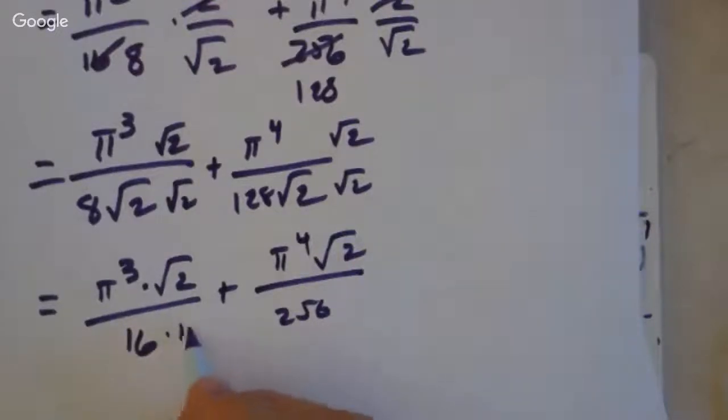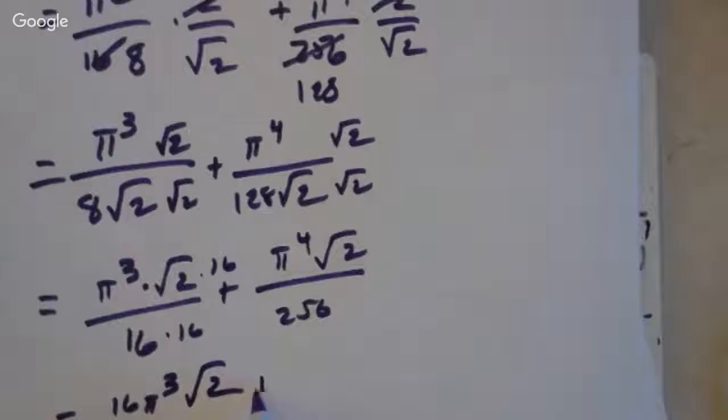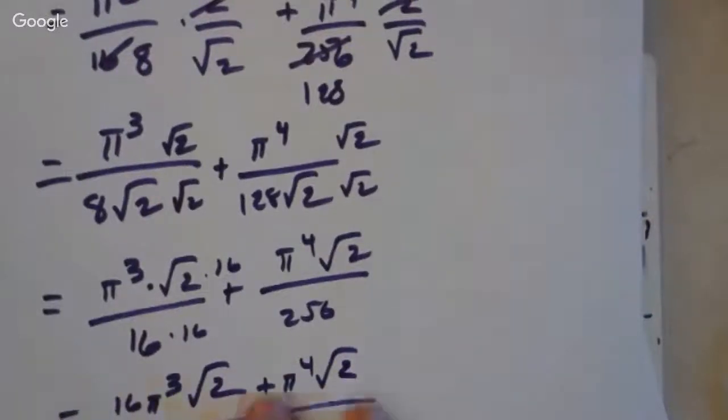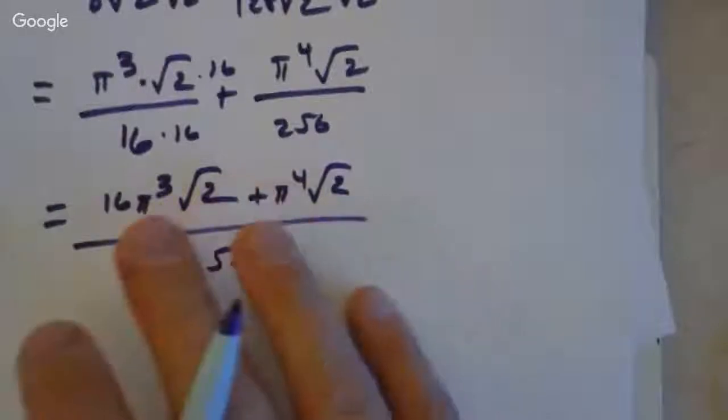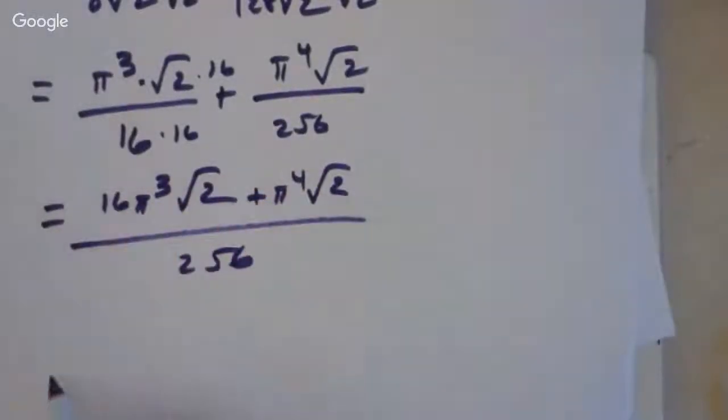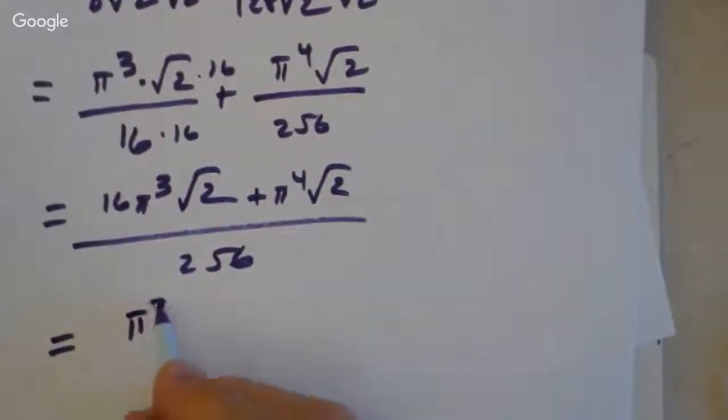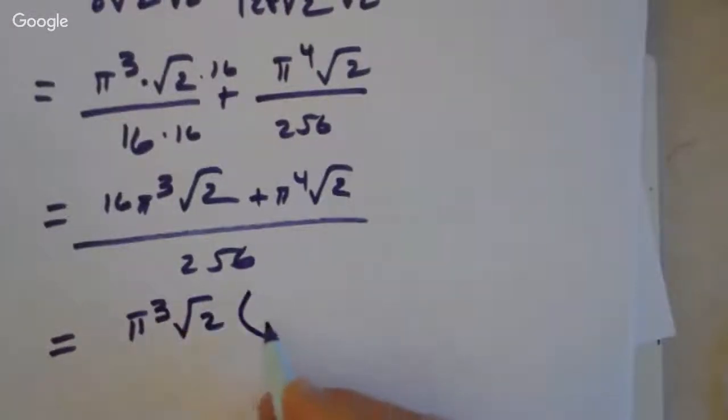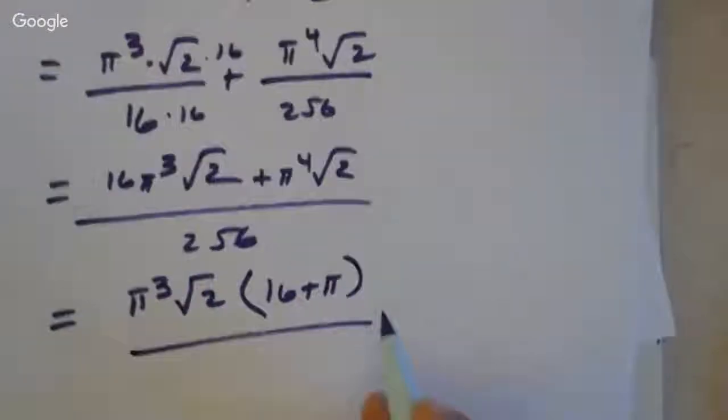So you got to multiply the top and bottom by 16. So 16 pi cubed square root of 2 plus pi to the 4th square root of 2 over 256. The only thing they're probably going to do more is, what do these both have in common? Pi to the 3rd square root of 2 times what's going to be left over? 16 plus pi.